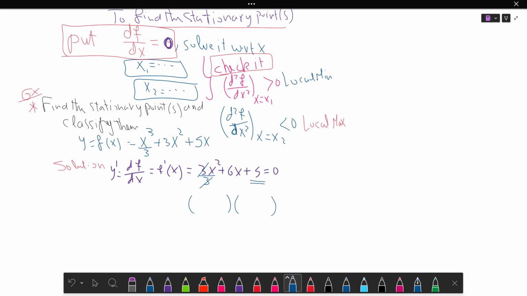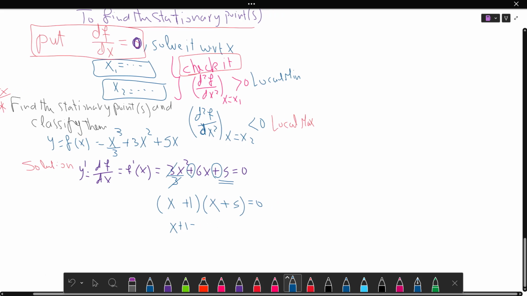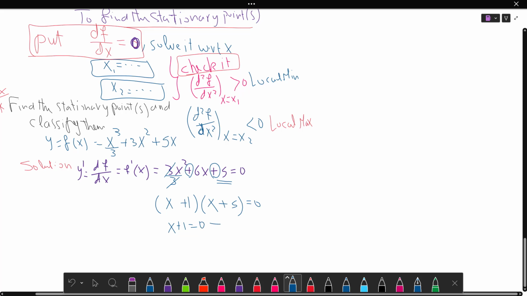You are lucky because this is a prime number, so you have only 5 times 1, right? And this is positive, so both of these two numbers will take the sign of the middle one, right? So plus and plus, here is x, right? Equal to 0. From this one, x plus 1 equal to 0 implies x equal to minus 1.